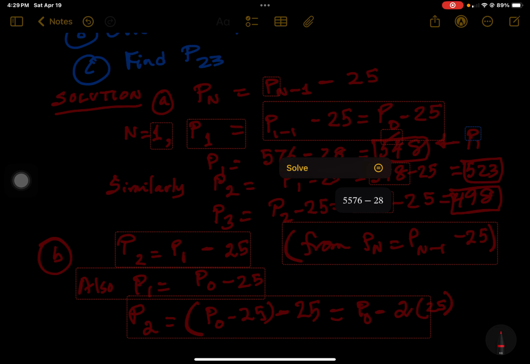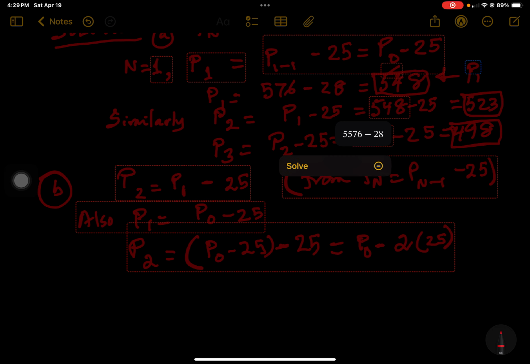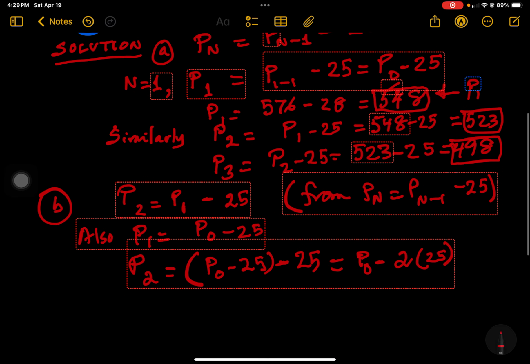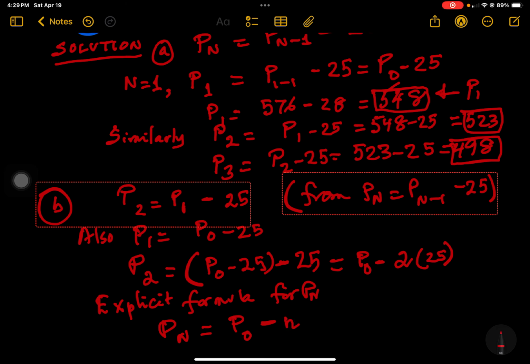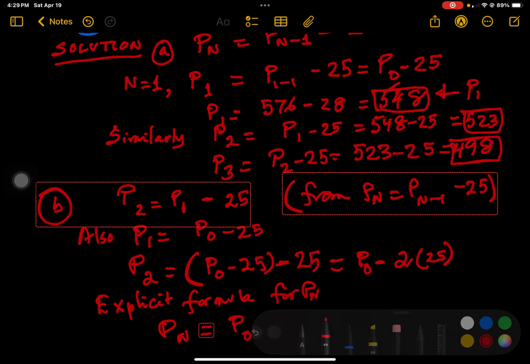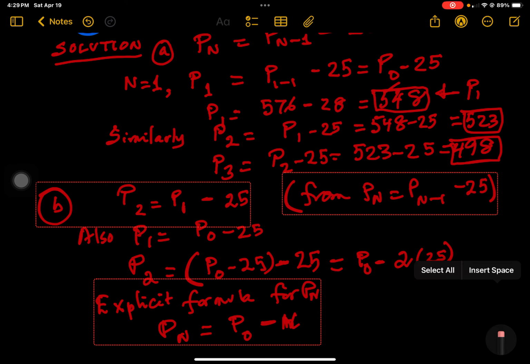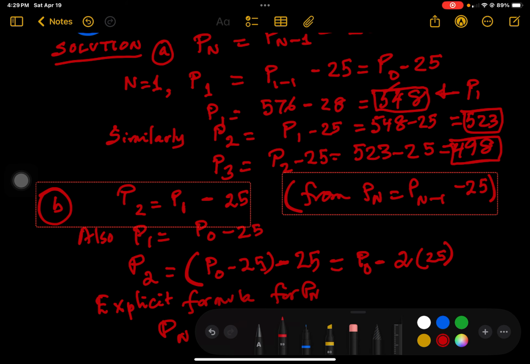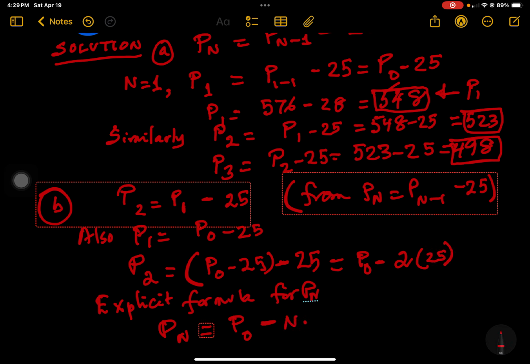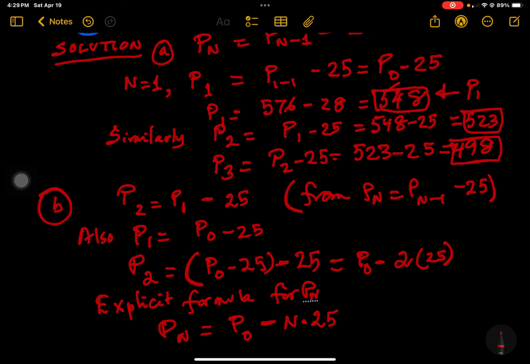So we can write the explicit formula, not recursive, explicit formula for Pn: Pn equal to P0 minus n times 25.